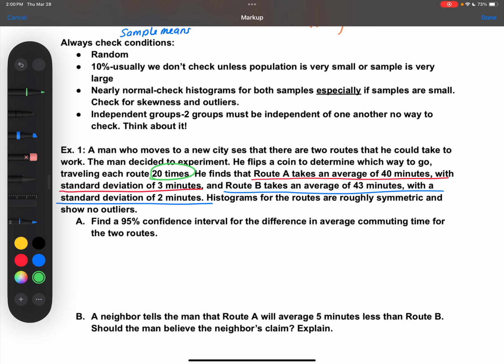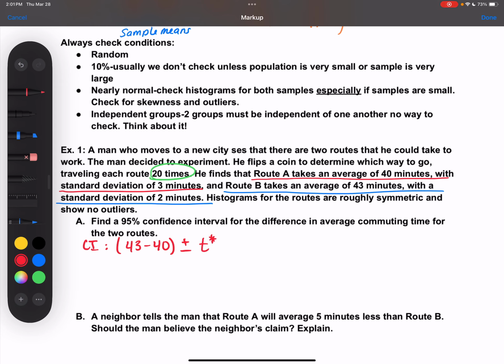So I can use a 2 sample t interval to do this on the calculator, or I can set it up in writing. I'm going to set it up first, so we won't actually solve it out that way, but just so you have the setup, and then we'll do the calculator option. So the confidence interval is going to be 43 minus 40 plus or minus t star.